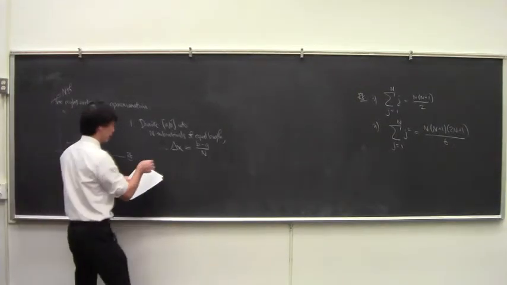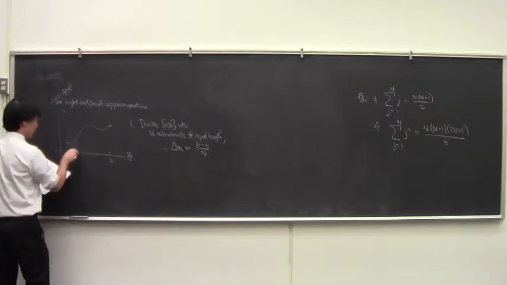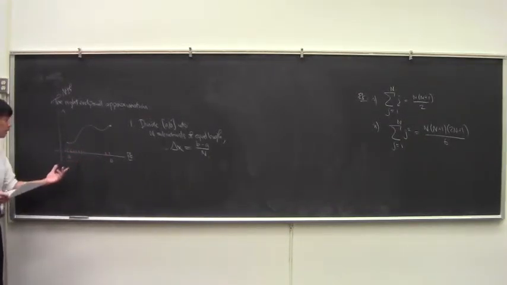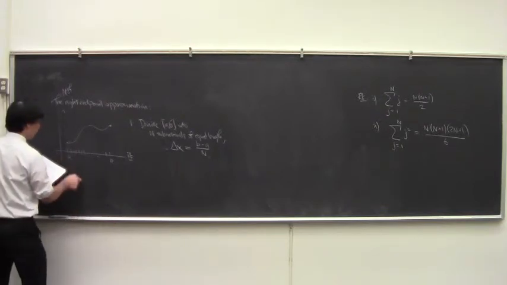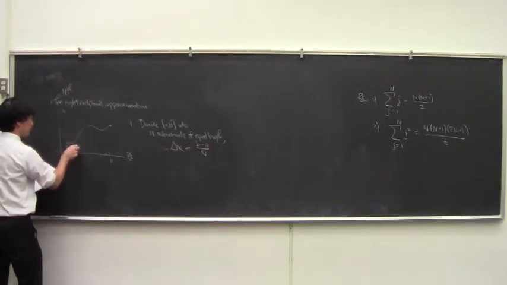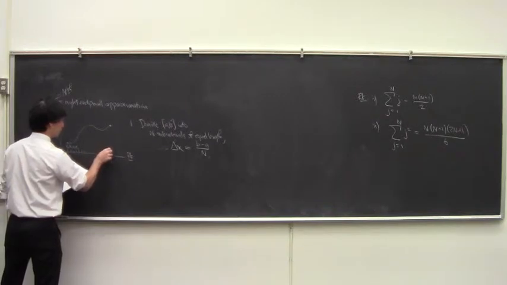Let's notice something. We divide this thing into n pieces, and we call each point xi: x0, x1, x2, x3, all the way up to xn.